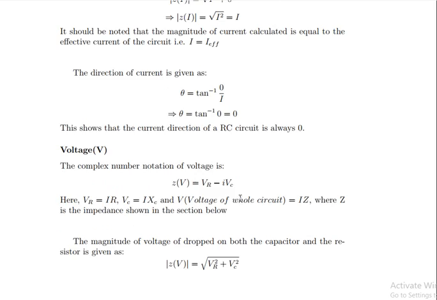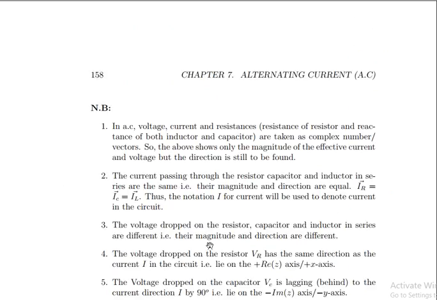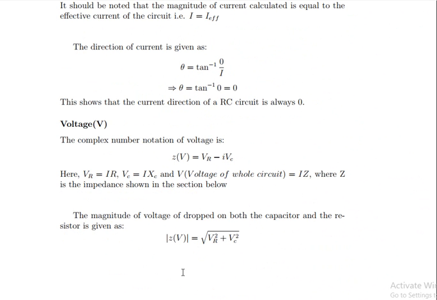Now the voltage of this circuit, which is combined in series, is going to be VR plus the negative component, negative iVC. So the complex number notation of the voltage is given as VR minus iVC.